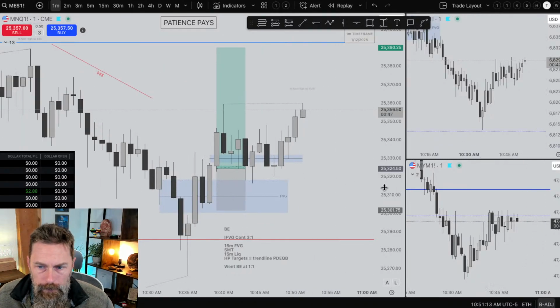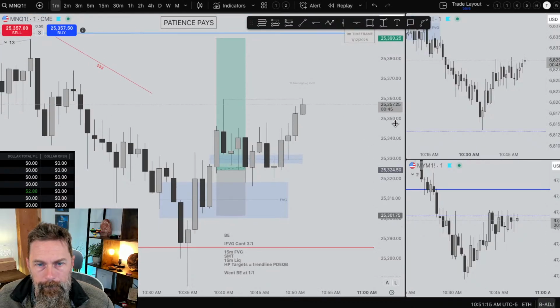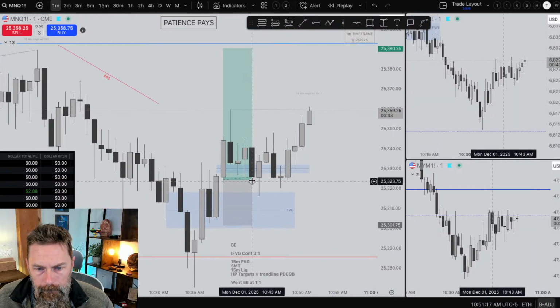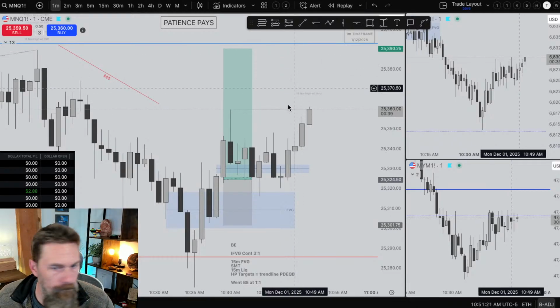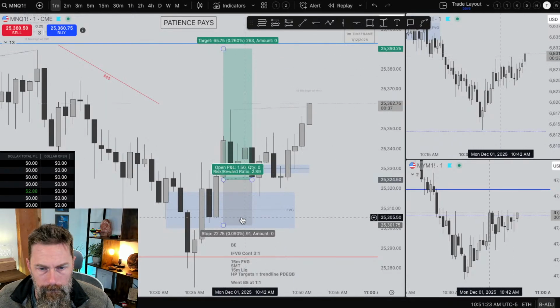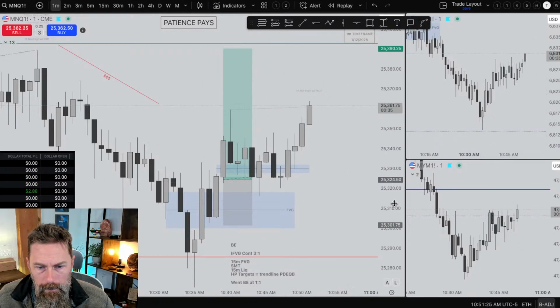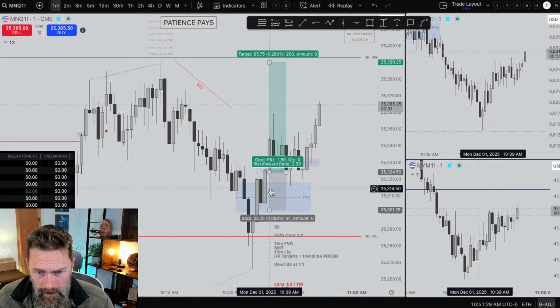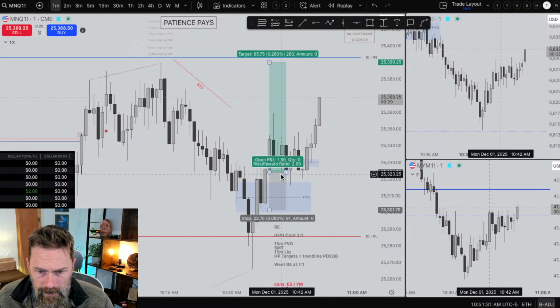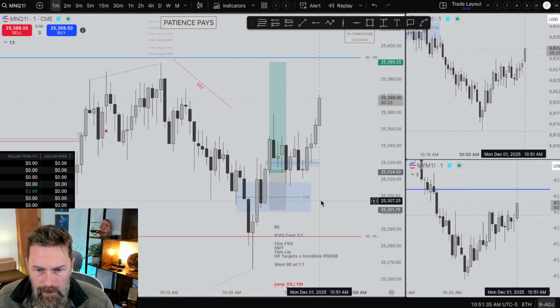There it goes, distributing for the target. And the only thing I'm noticing about this setup so far is I did notice if price retraced to my entry within the first couple of candles, it was still a good trade.